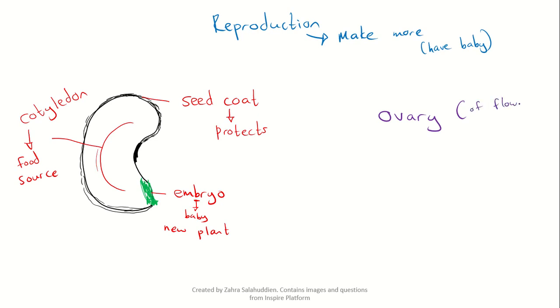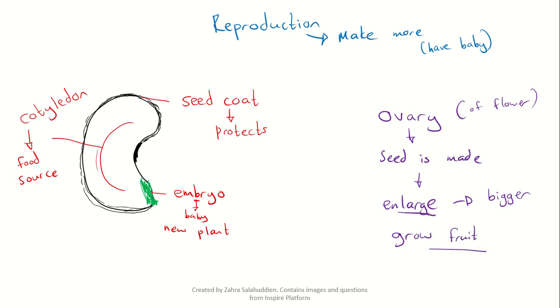So this is where the seed is made. And after the seed is made, the ovary will enlarge. Enlarge means it will become bigger. And when it becomes bigger, it will grow a fruit around it.